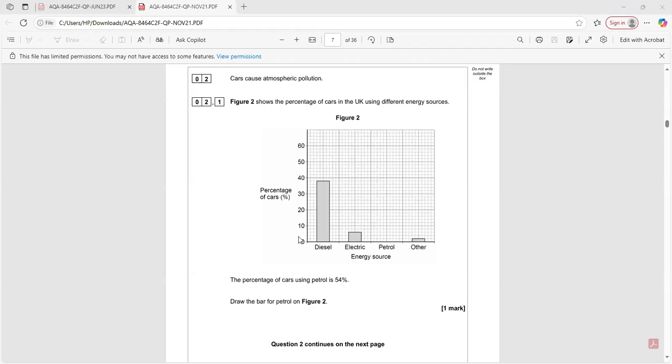You can do that. This one is 1 cm to 10 units, so each box is 0.2. So petrol would be something like this. Let's see. There are 6 in between, so 1, 2, 3, 1, 2, 3.